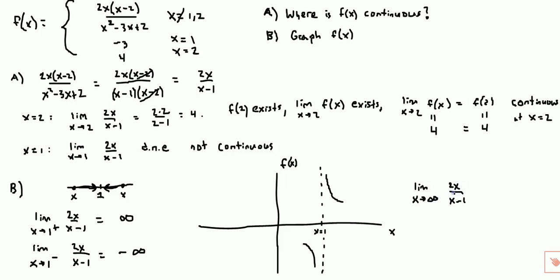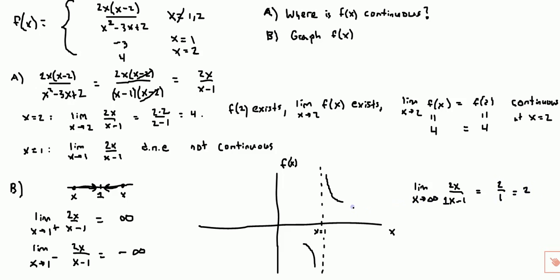What's the largest degree? It's 1 on the numerator and 1 on the denominator. So what we have to do is look at the coefficients in front of those terms. 2 on top, 1 on the bottom. So that's what the limit equals. 2 on top, 1 on the bottom. That's just positive 2. So way out at infinity, f of x approaches positive 2.